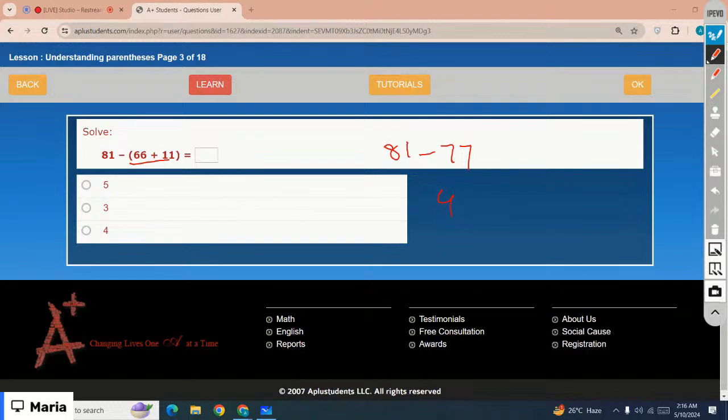Just subtract, the answer is 4. Got it? The correct option is 4.